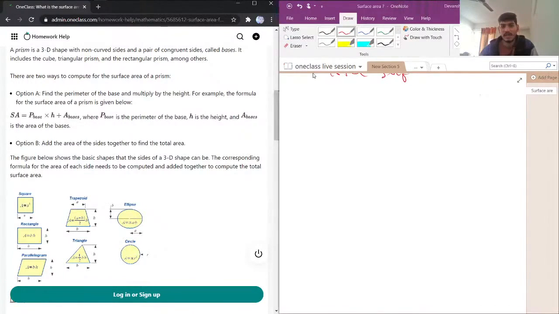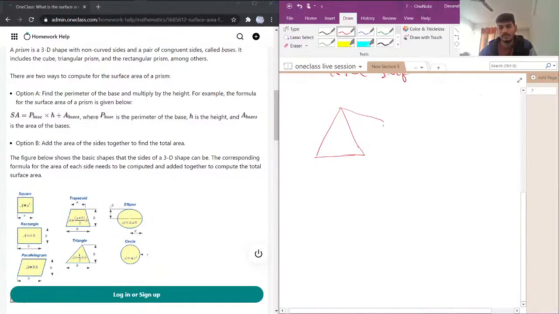So suppose we have an equilateral prism, and say we have one more dimension on this side, and this is a square base pyramid.